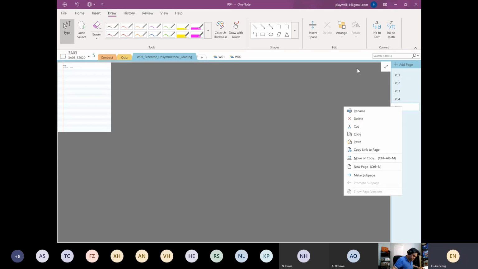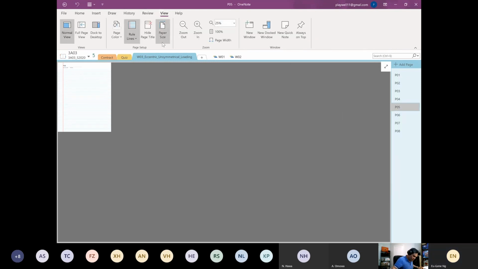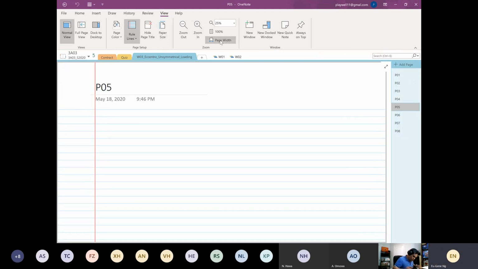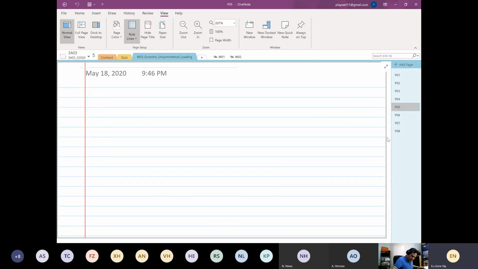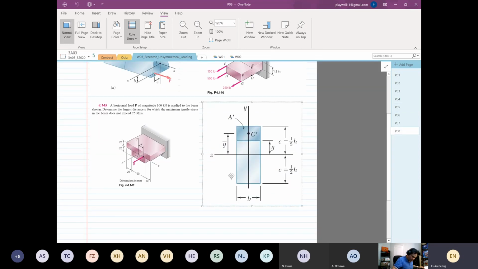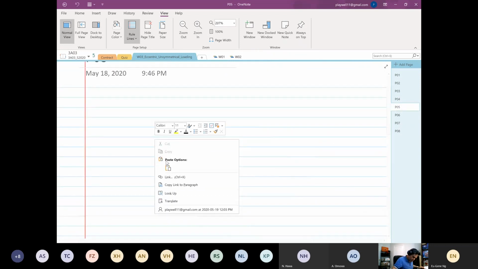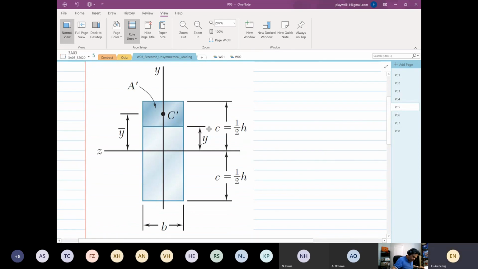Then we are going to, what am I doing? So I'm going to copy. Okay, so we're going to look into this diagram still. Right.